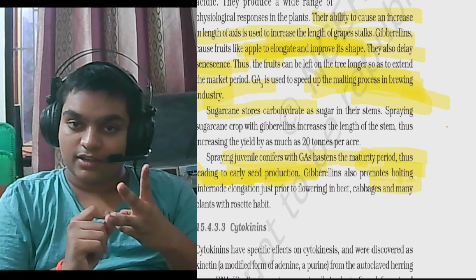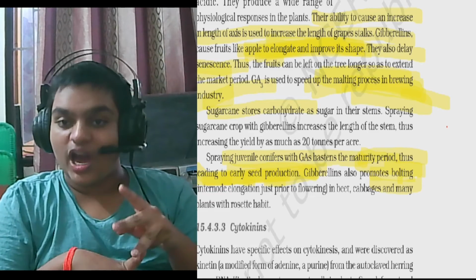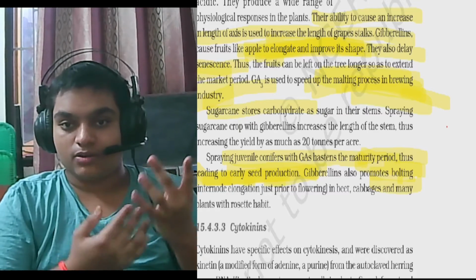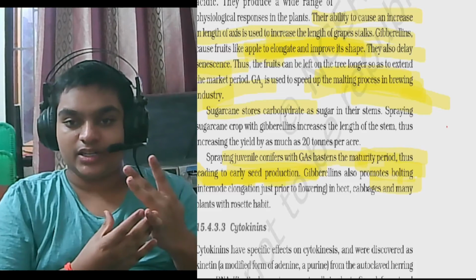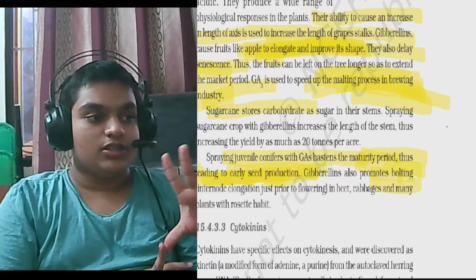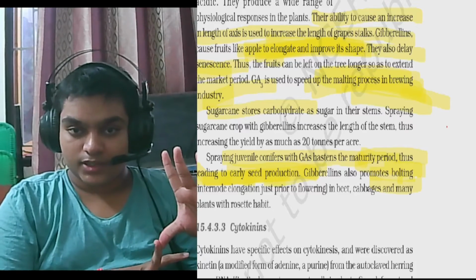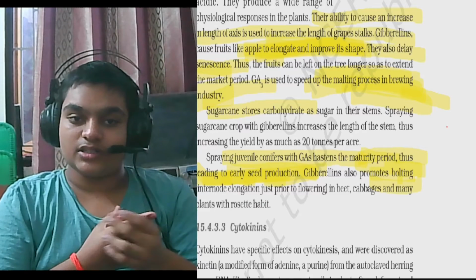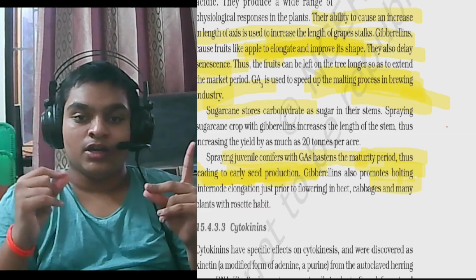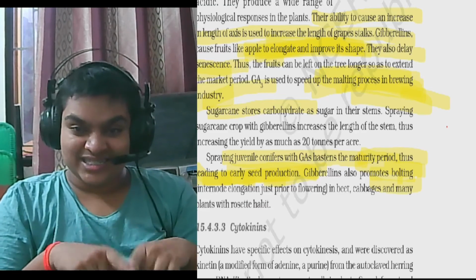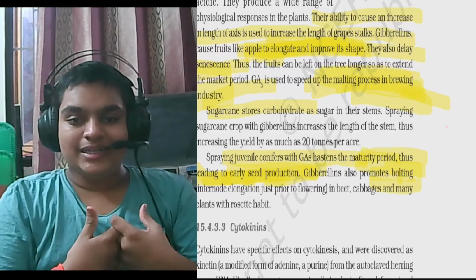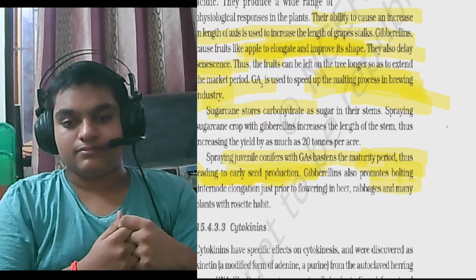They give a nice shape and elongation to apples. They speed up the malting process in the brewing industry. They promote bolting. Spraying GAs on juvenile conifers hastens the maturity period, leading to early seed production.